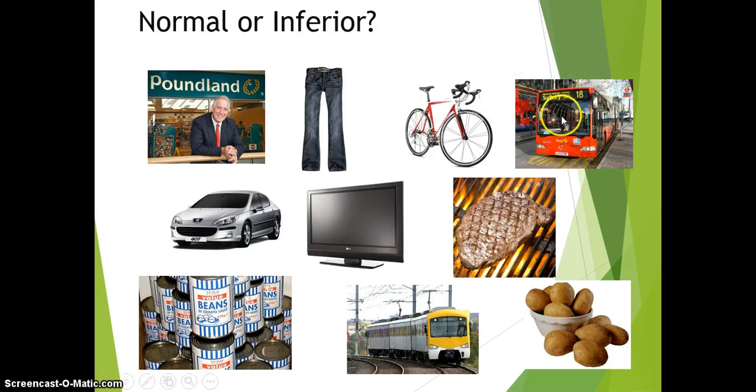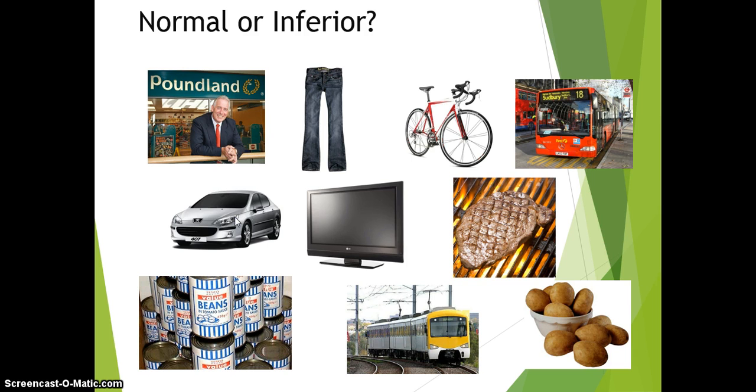Go across to buses. Now, buses are inferior products. Buses are cheap compared to other forms of transport, so therefore generally buses are inferior. As you got richer, maybe you'll be able to afford a car or a taxi or something like that, so it's an inferior product. Going down to cars, cars are very similar to bikes in that you've got to be very careful when talking about them.